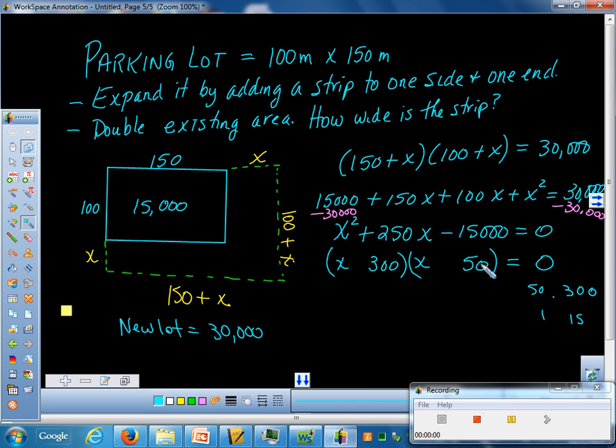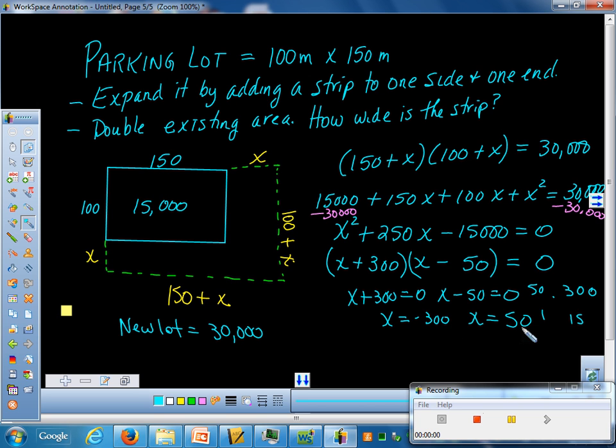Which one gets the plus and which one gets the minus? Because we want a positive 250, so we'd have a positive 300, a negative 50. And then you can go ahead and solve it. Set it equal to 0. X equals negative 300, or x equals 50.